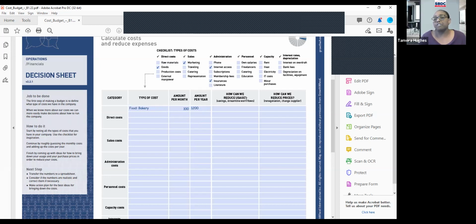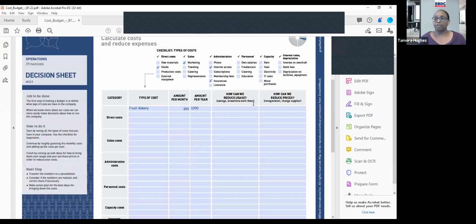And then the question is, how can I reduce the usage, or how can I reduce my cost? It could be that the items I'm buying, I can get at a reduced rate, or I can be part of a co-op with a group of other individuals, so that we all buy our items because we get the same thing.